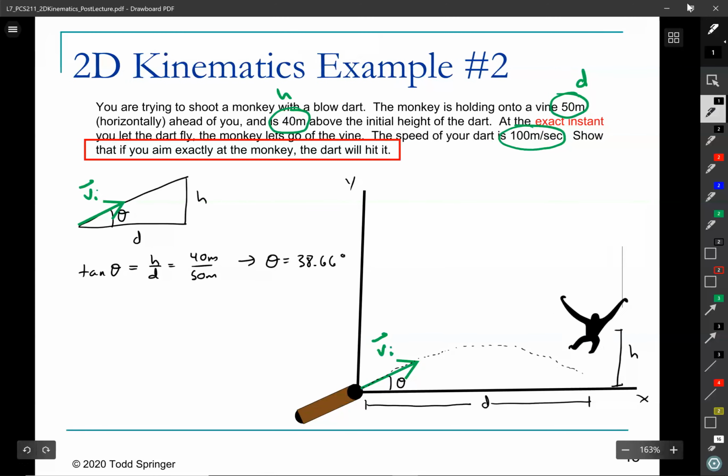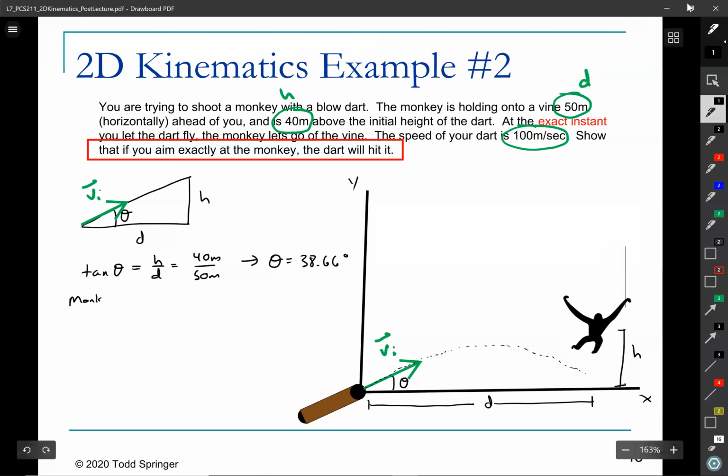So monkey's equations, here we go. I'm going to call it x for the monkey of t. Well, the monkey is always at the position d, right? It doesn't change in the x direction, it only moves in the y direction. So that is fixed.